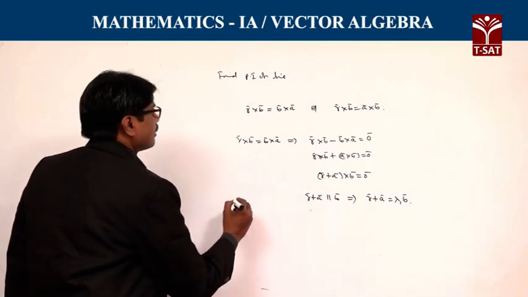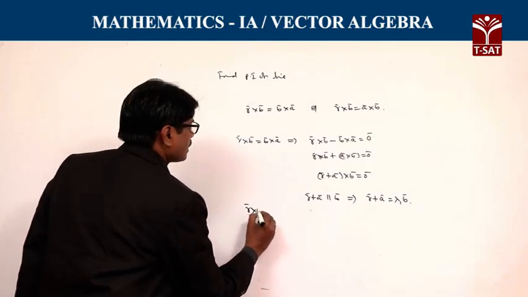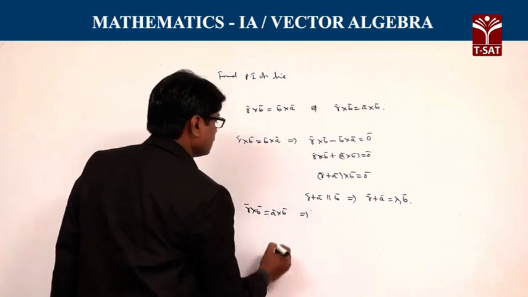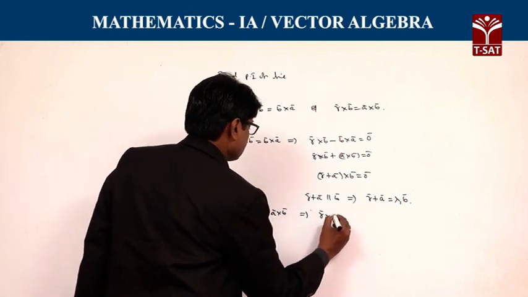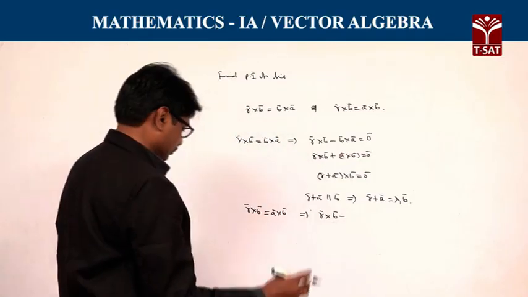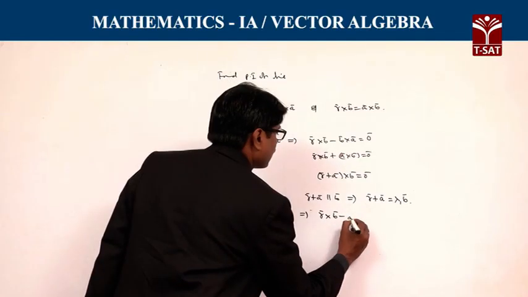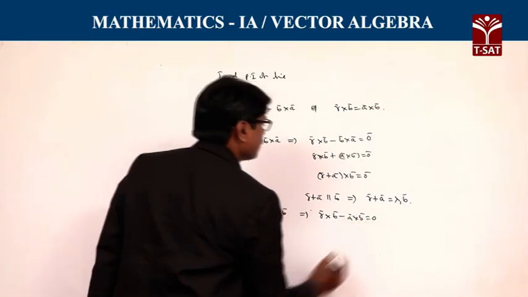Second line, R bar cross B bar is equal to A bar cross B bar. And that implies R bar cross B bar minus A bar cross B bar is equal to 0. So, R bar minus A bar cross B bar is equal to 0.